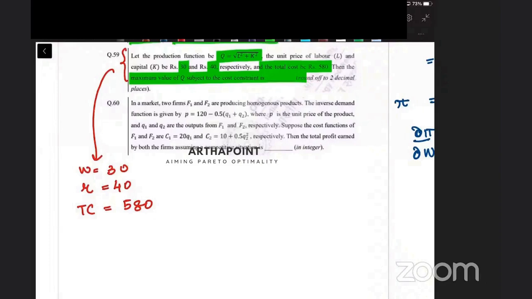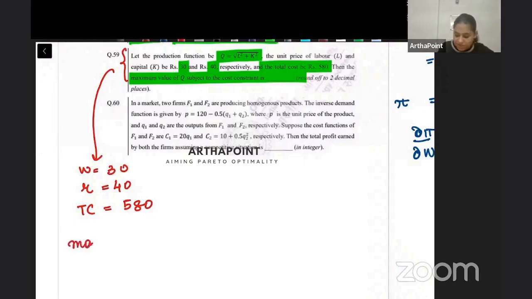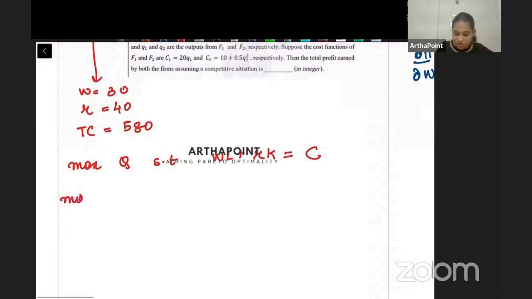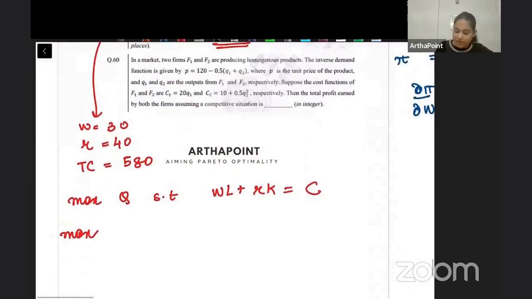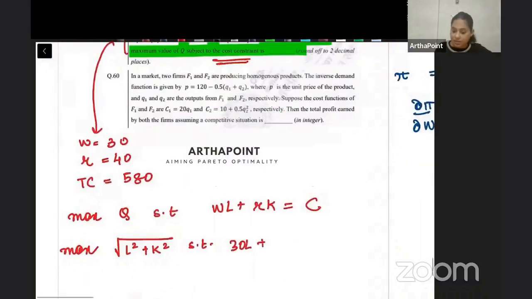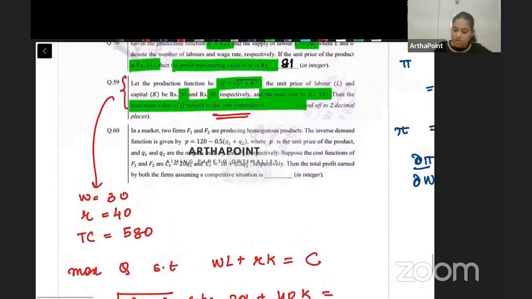So it is quite easy. So I will just write my function here. So I want to maximize Q subject to the cost constraint, which means subject to WL plus RK equal to C. So maximize, instead of Q I will write root L square plus K square, subject to, instead of W, I will write 30 L plus 40 K equal to 580.